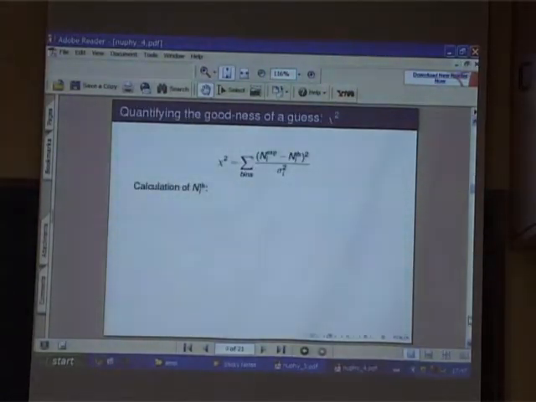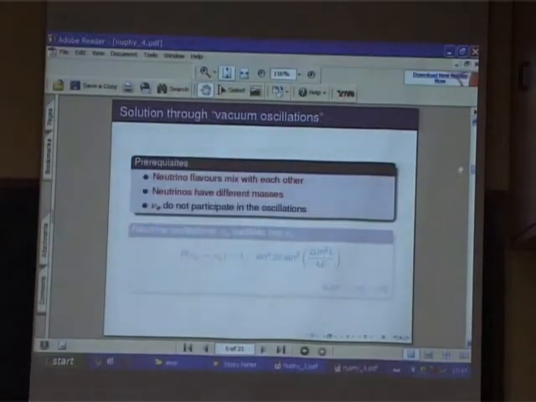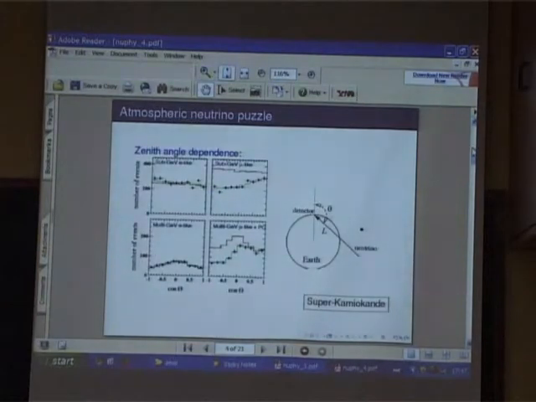So now we have to find out. We say that oscillation gives a better solution. So we have to figure out what is this better solution, in what sense it is better. Just by eye, I may be able to say that I looked at this plot. One oscillation plot.